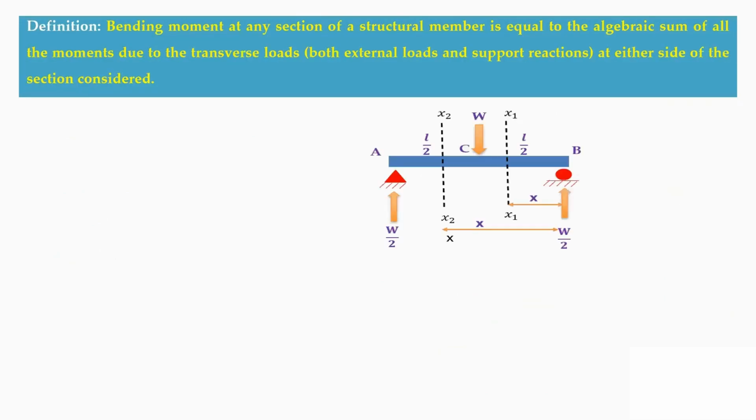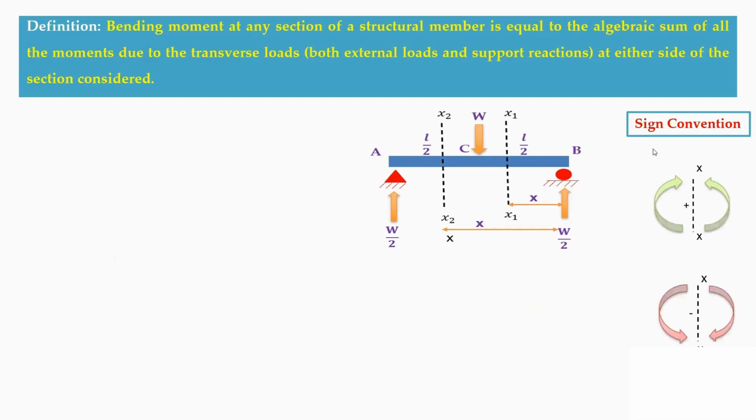And next example, if you consider a simply supported beam, the load is dividing it, so it has two sections. The sign convention is the same, sagging as well as hogging moments. Now when we write the bending moment at these sections, first consider section X1.